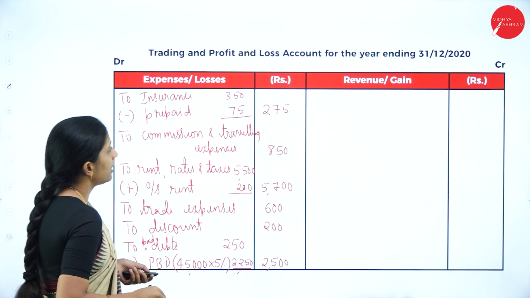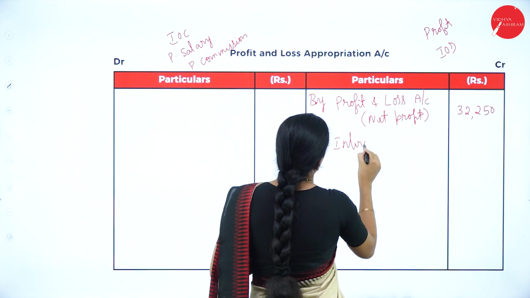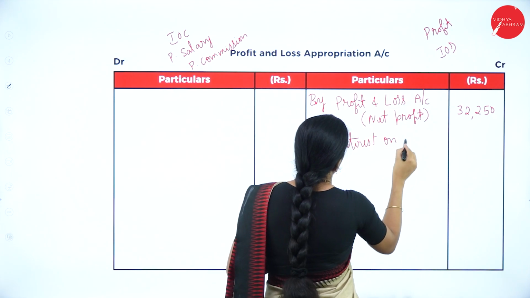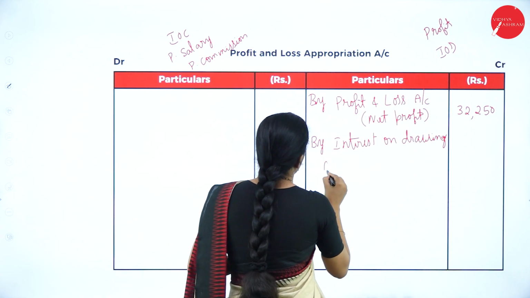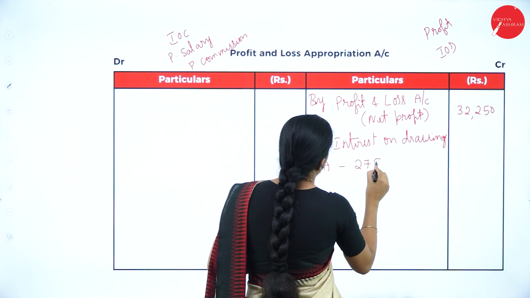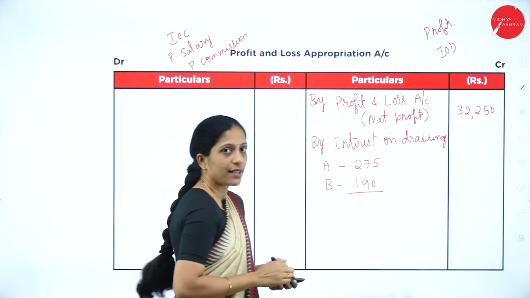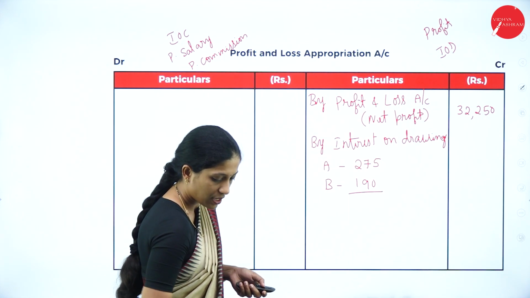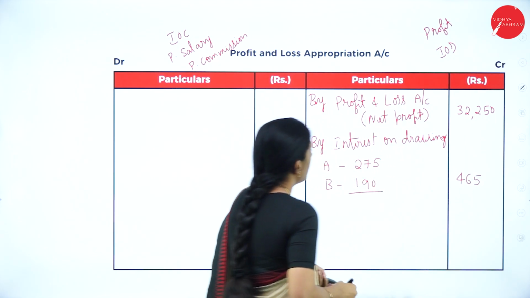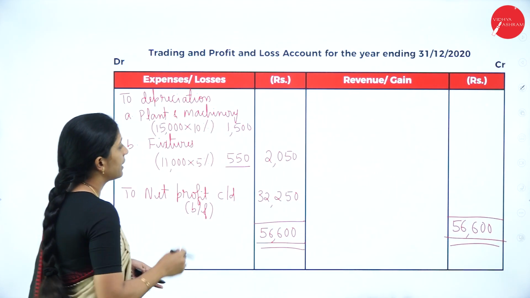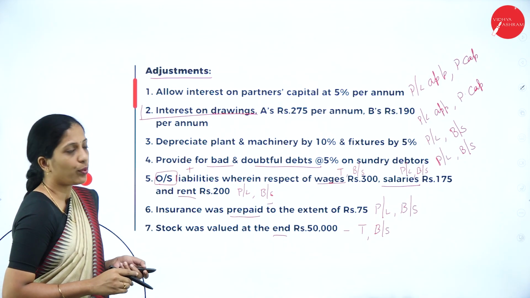So how do you record? By interest on drawings, A 275, B 190. So 275 plus 190 will be 465. Let us recheck once again: interest on drawings 275 and 190.